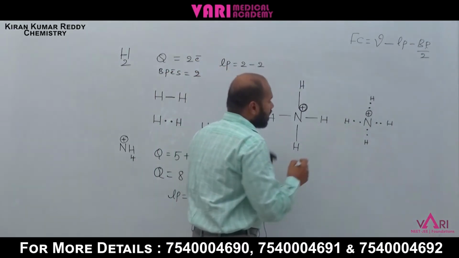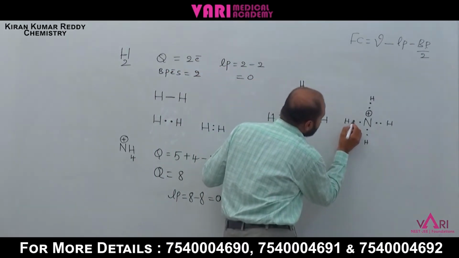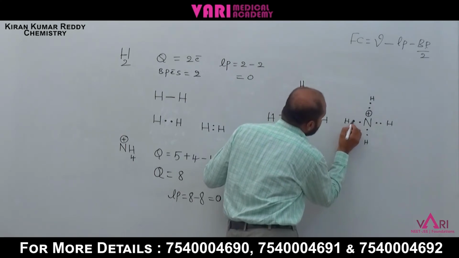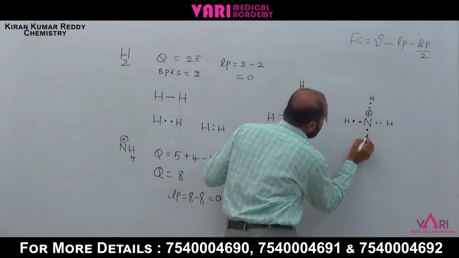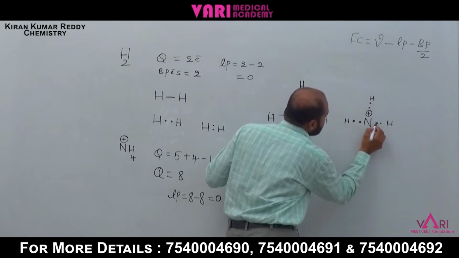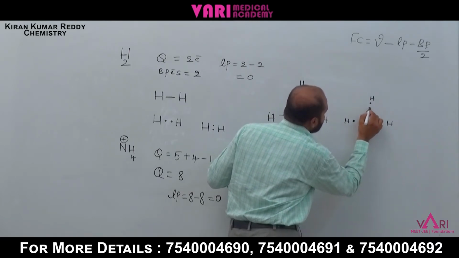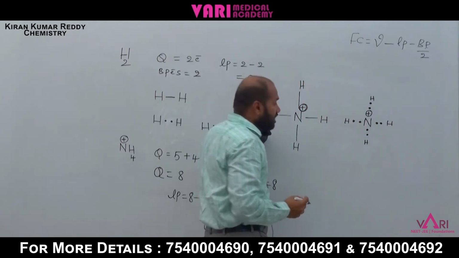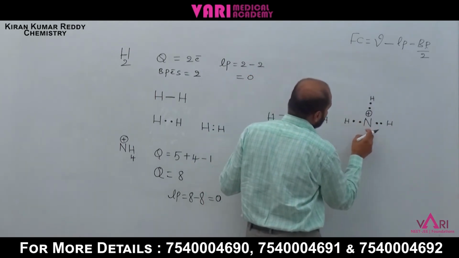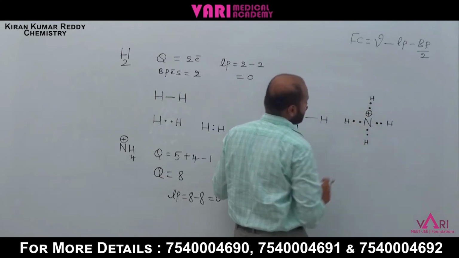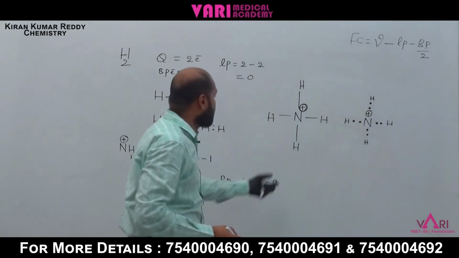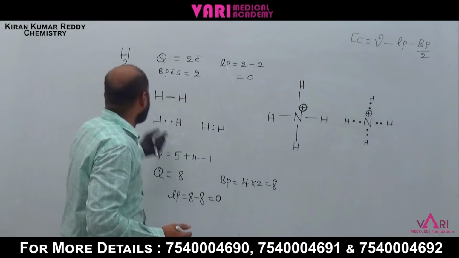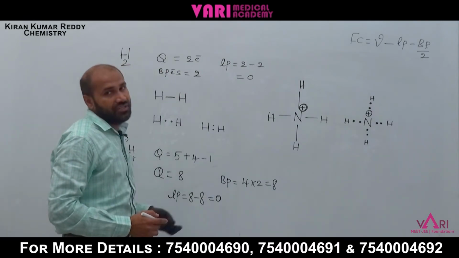Now here hydrogen is duplet or octet? Duplet. Nitrogen is an octet, but hydrogen is duplet. Remember, this is duplet. Now nitrogen satisfies the octet rule: 1, 2, 3, 4, 5, 6, 7, 8. This is the structure of NH4 plus and the structure of hydrogen.